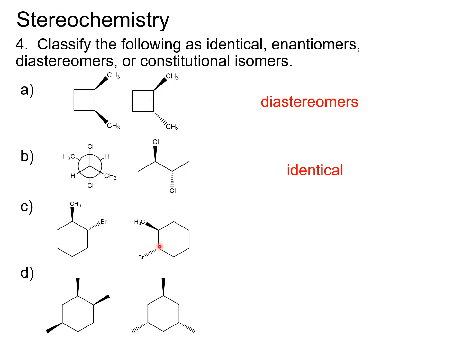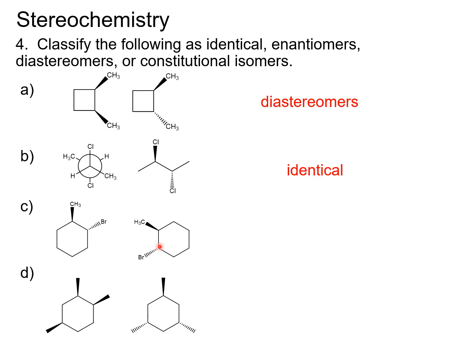Next one. So here's where we have two strategies. Depending on how well you are with the rotation and the flipping, that would be the fastest way to do this, right? So I'm going to attempt to show you how I would visualize that. What I would want to try to do is see if there's a way I can turn the right-hand molecule into the left one.